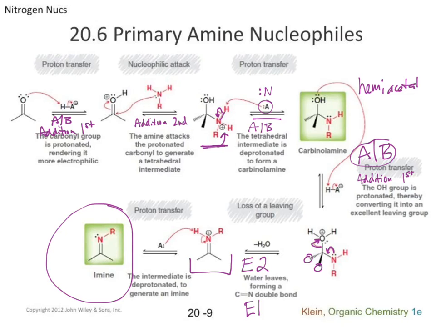While I do not expect you to know that that is called an imine, be aware that that might pop up both in the homework and on your ACS test. So you kind of got to be a little bit cautious with that name. Questions about that mechanism? I know we just did that really fast.